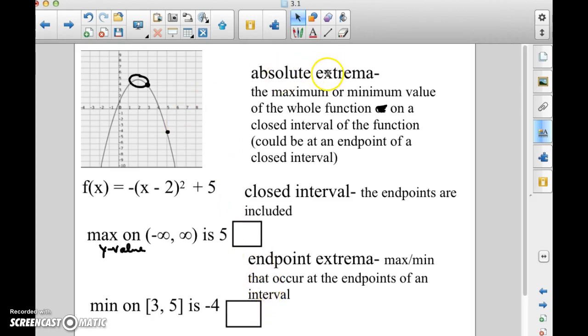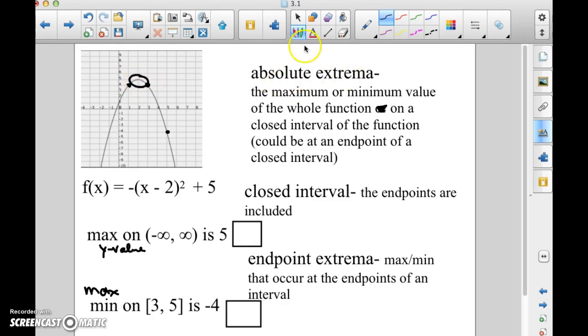So absolute extrema can occur at endpoints on a closed interval. It could occur between endpoints on a closed interval. So if I said I wanted the max between 3 and 5, then I'm looking at this interval from 3 to 5. That max would be at 5.